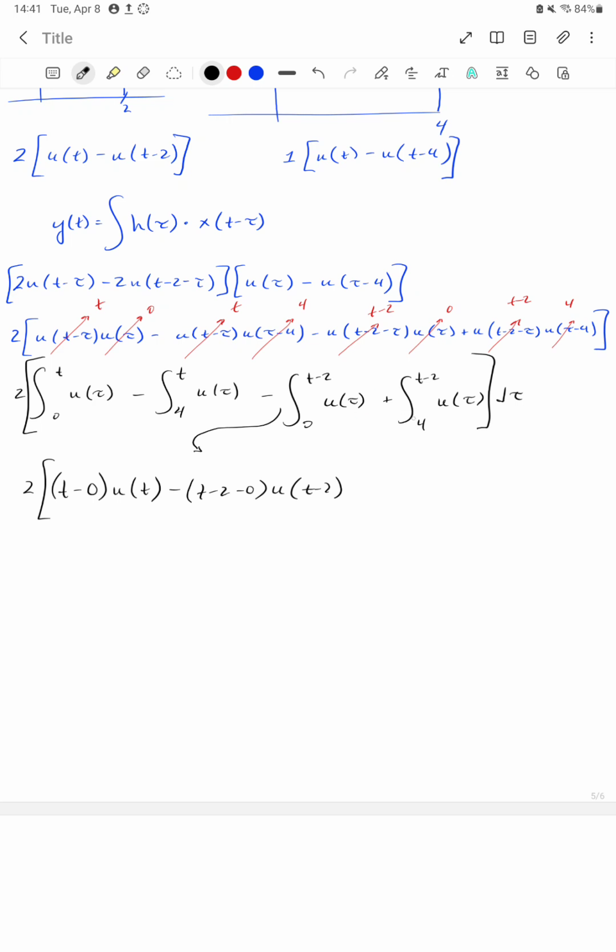Over here, this is going to be minus t minus 4, u of t minus 4. And then this one over here is going to be a plus t minus 2 minus 4, u of t minus 6. u of t minus 6.